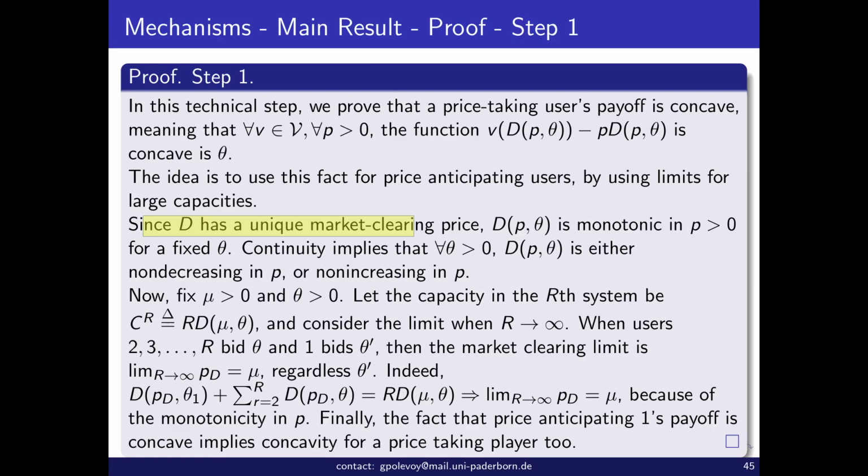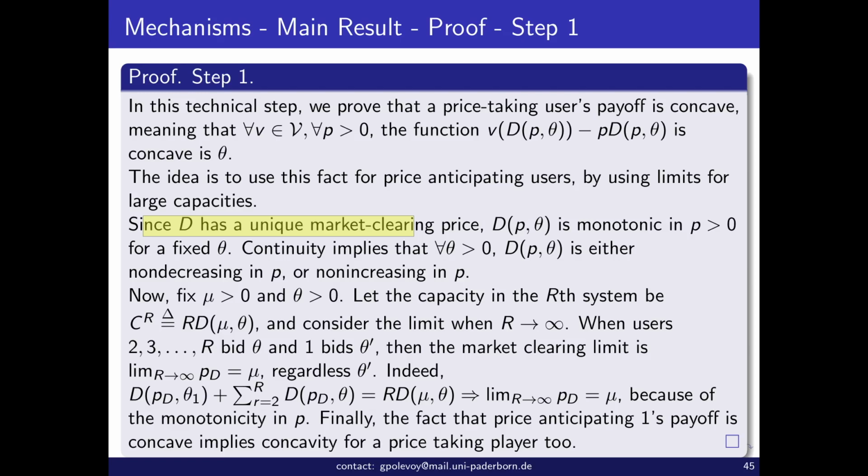So since D has a unique market clearing price, that has to be monotonic. For any fixed theta, it's monotonic in the positive values of P, because otherwise it will not be unique. Now, continuity implies that for any theta, it's monotonic, but maybe for one theta it's monotonic increasing, for the other theta it's monotonic decreasing.